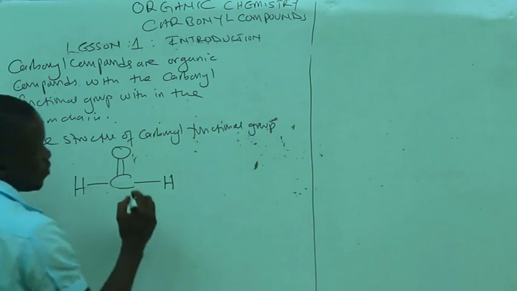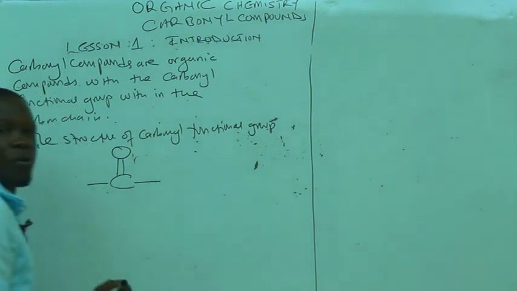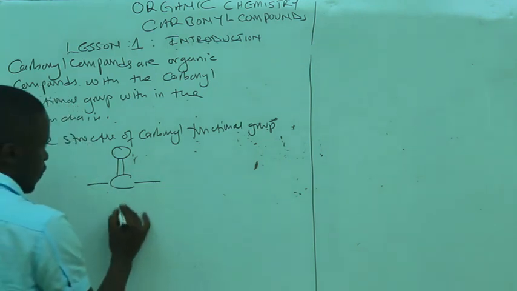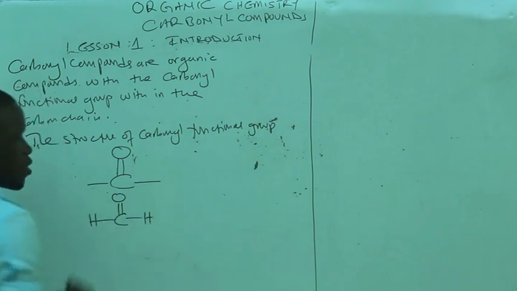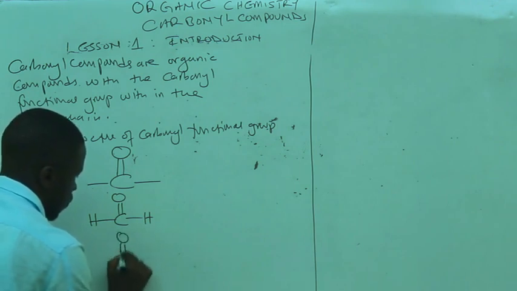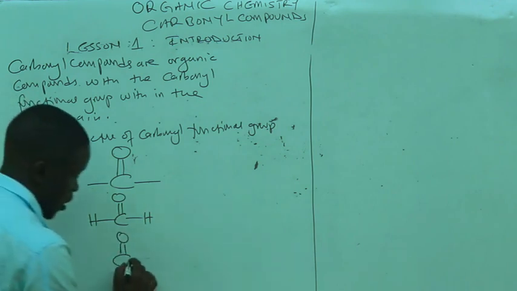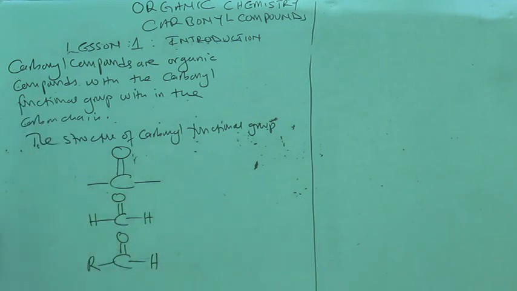But it's also possible that you may have alkyl groups on the other side. You can have one side H, one side R. That's another compound.